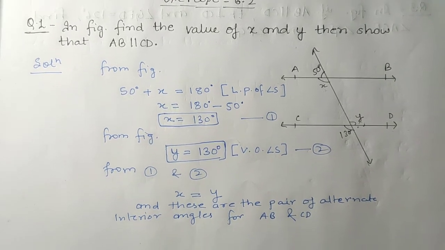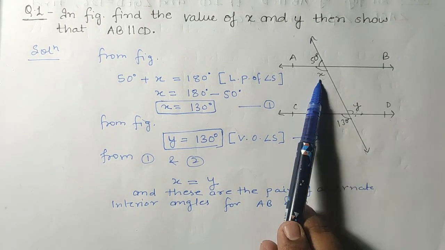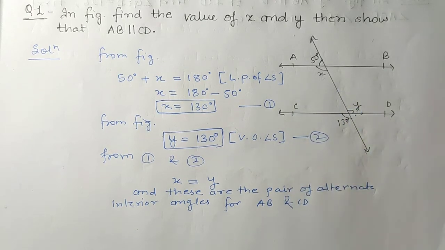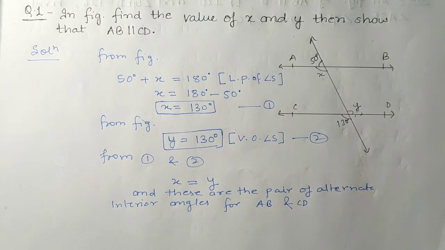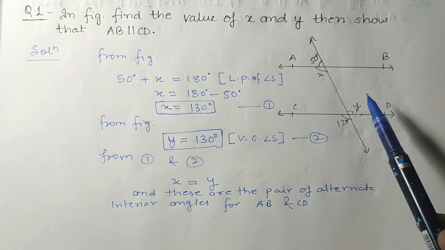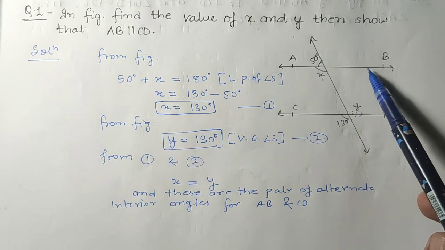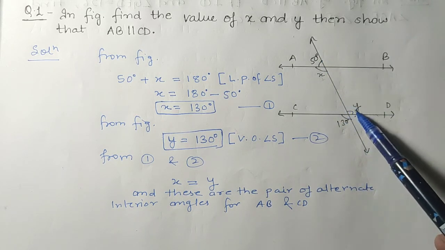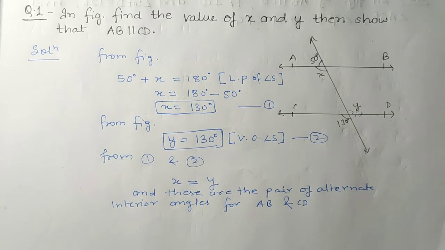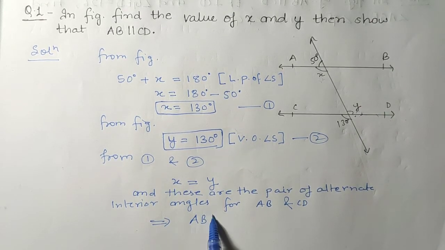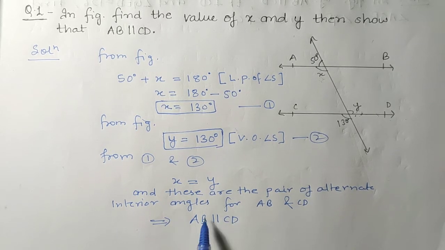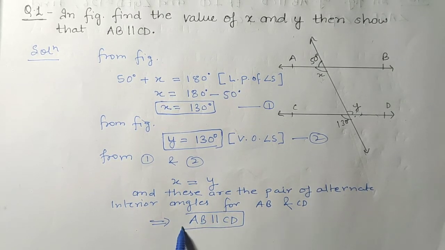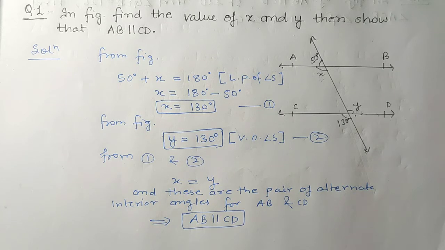You can see that this angle x and this angle y are alternate interior angles. So if for any two lines a transversal is intersecting them, and the alternate interior angles are equal, then we can directly say that AB is parallel to CD. So this is also proved like this.